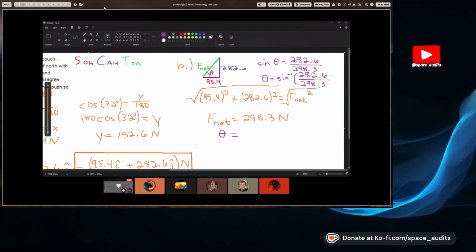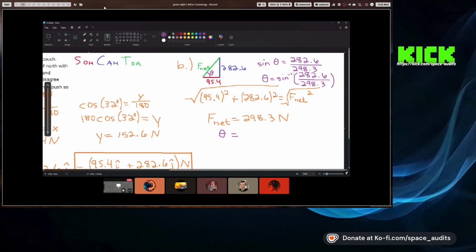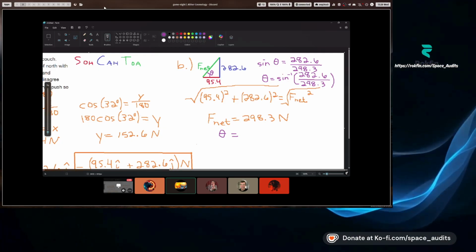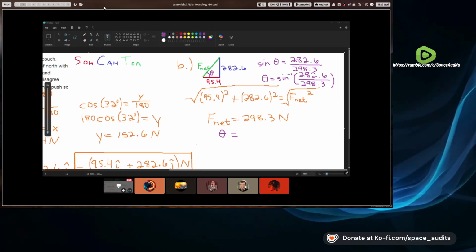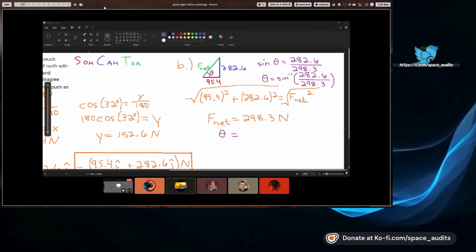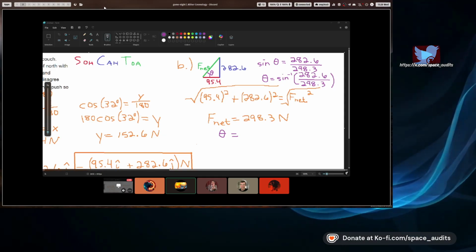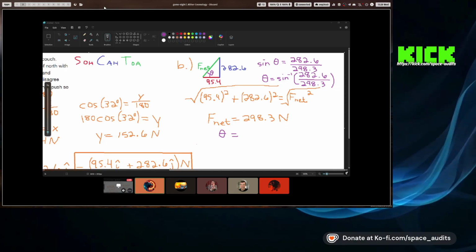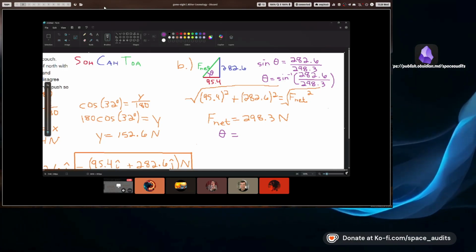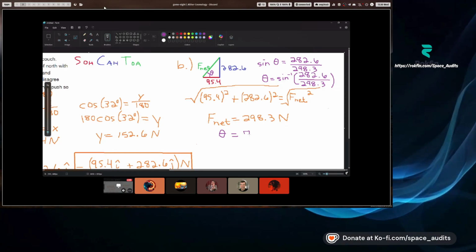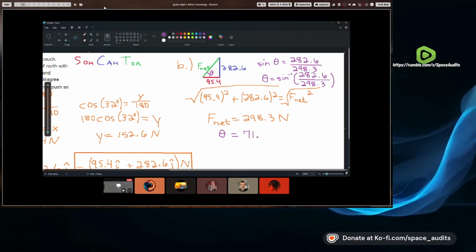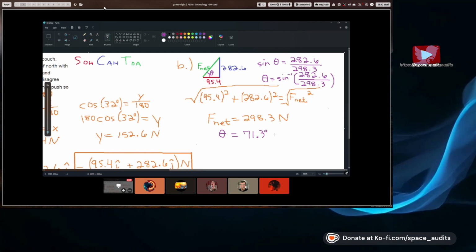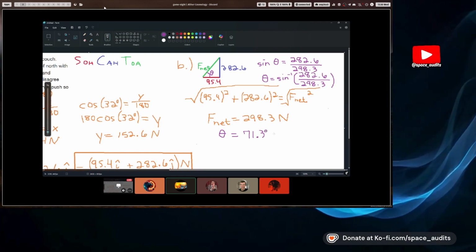If I plug this into my calculator, the arc sine of 282.6 over 298.3, I get 71.3 degrees.